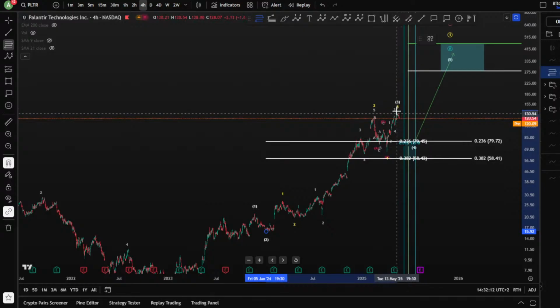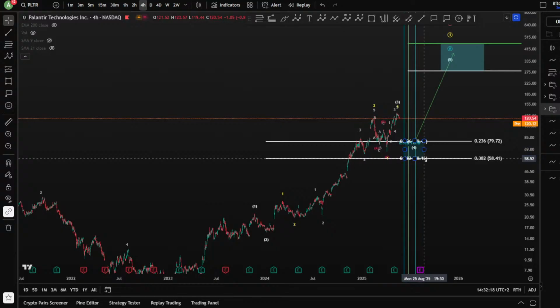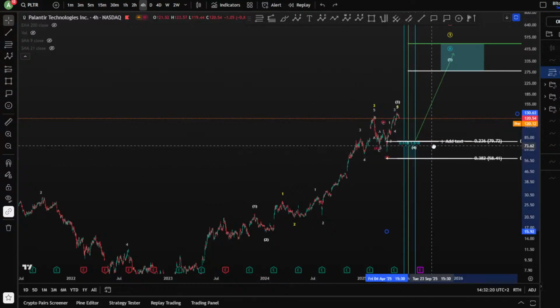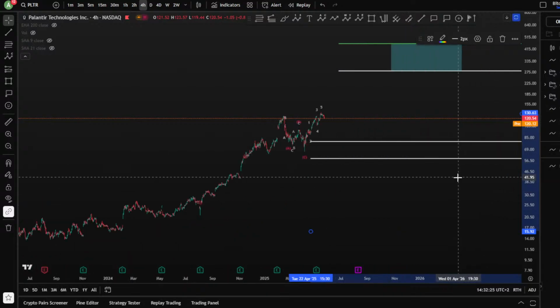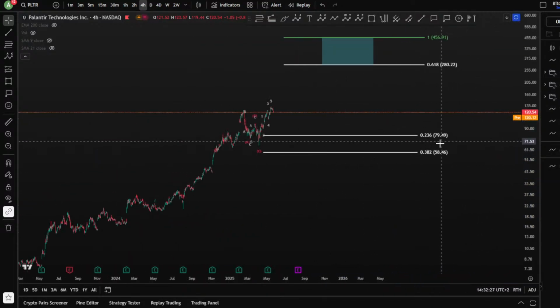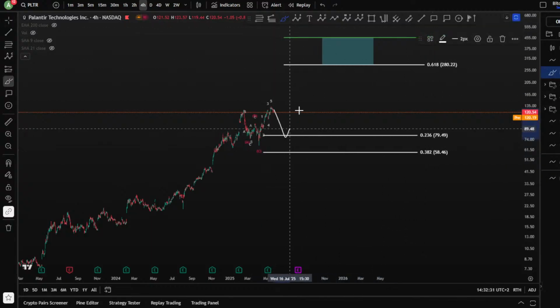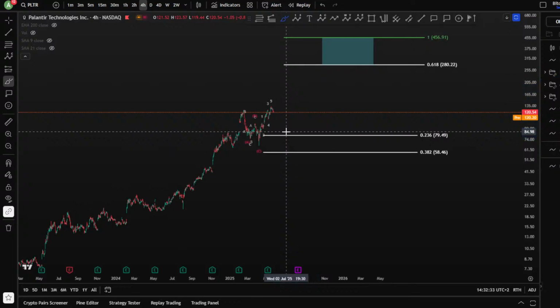Okay, here we go. So yeah, basically this is for Palantir, guys. Nothing else to add. I think the target is very clear, $79. Okay, for Palantir, and then moving back again toward the upside.